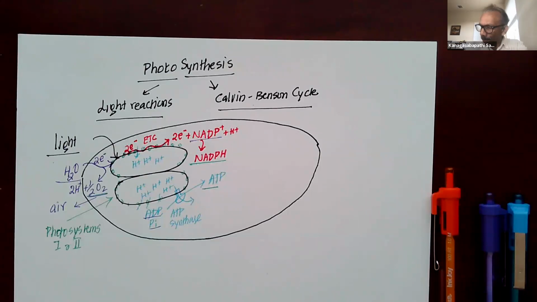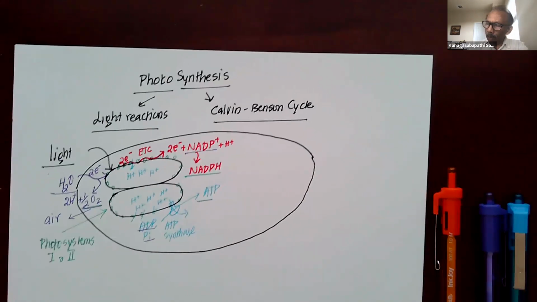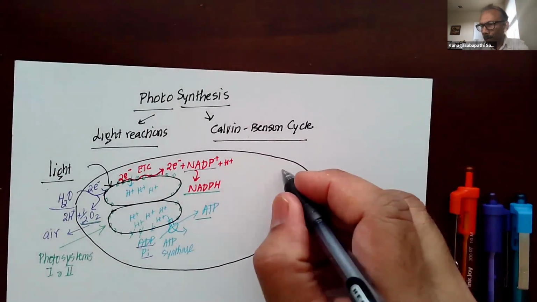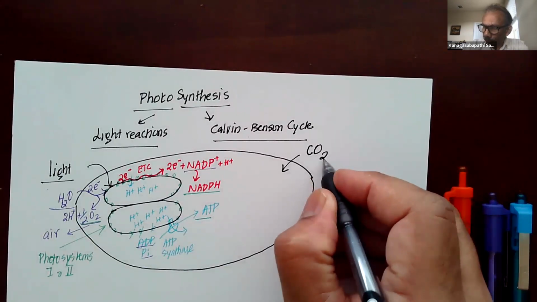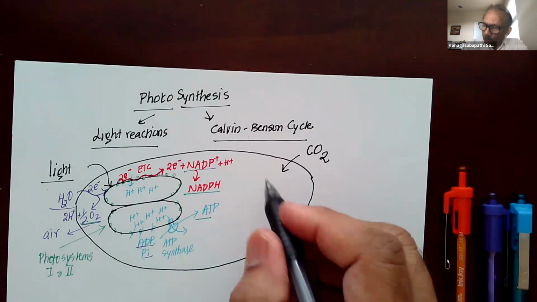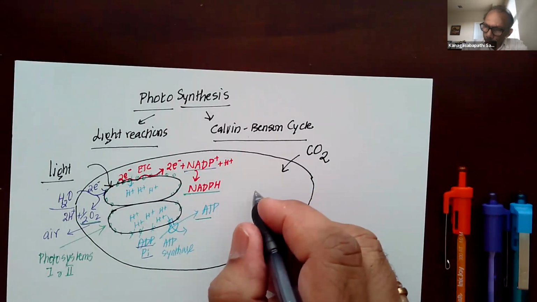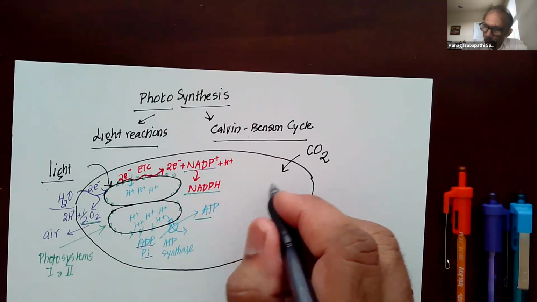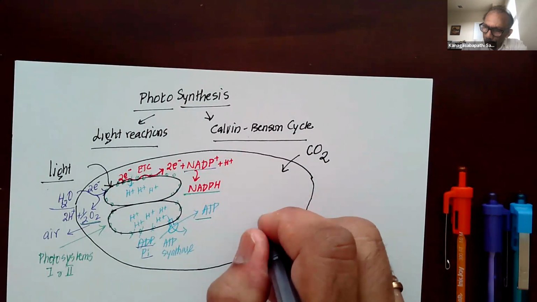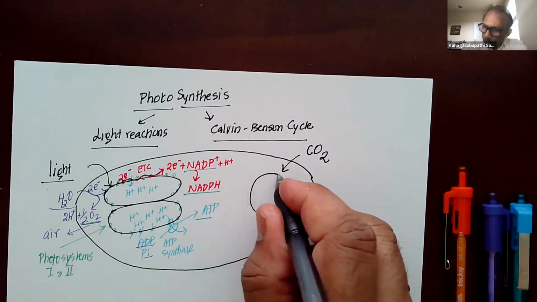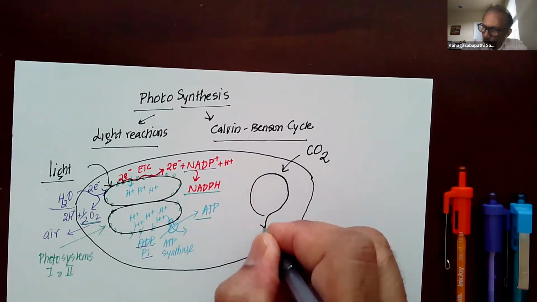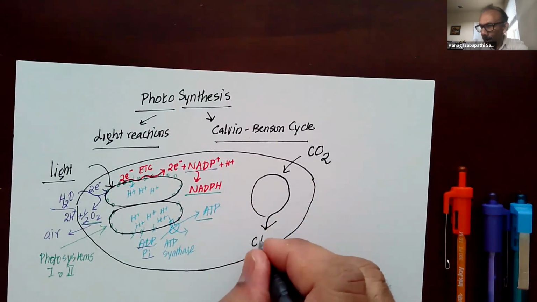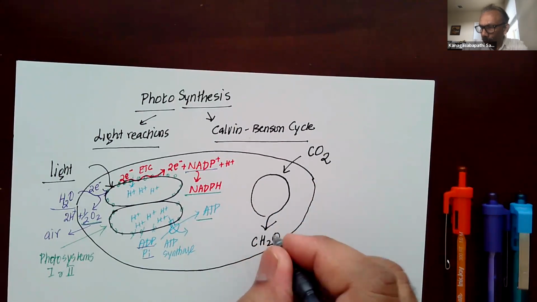Now let us see what happens in the Calvin-Benson cycle. Carbon dioxide comes in. Okay. It is now fixed, so this is a cyclic pathway. This will become carbohydrate, CH2O.